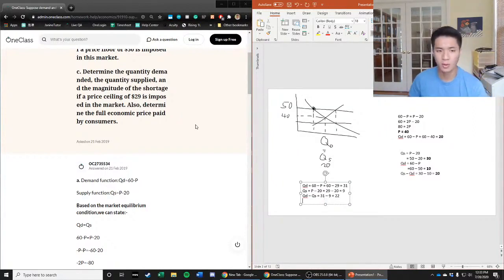And finally, we want the price that consumers pay. So we plug the quantity into the demand curve to see what the price would be. So QD is equal to 60 minus P. We set QD equal to 22 because we know that's the quantity, and then we say, what is P going to be? Sorry, it's not 60 minus P, is it?